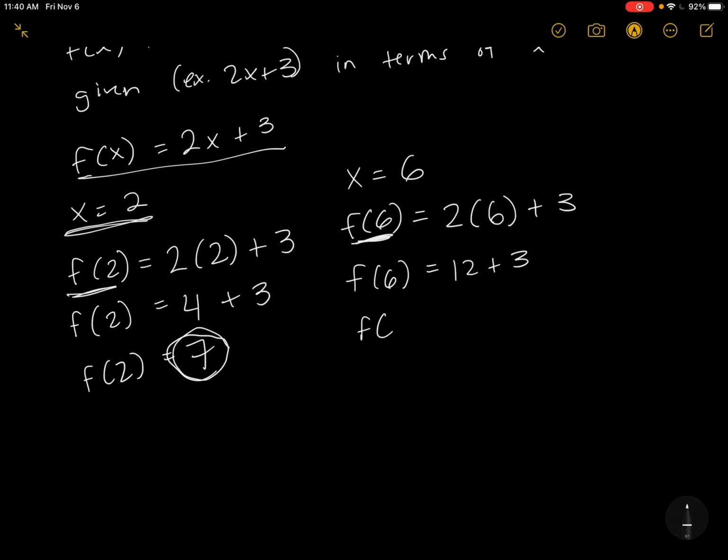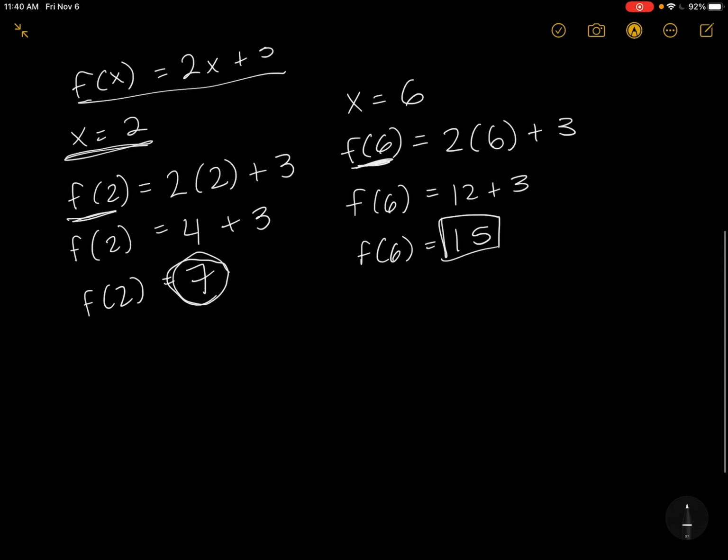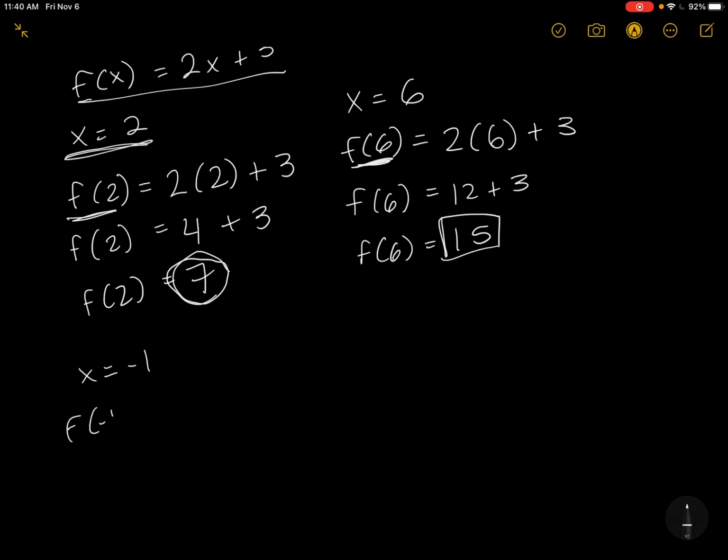Twelve plus 3. So f of 6 is equal to 15. Right, how about if x equals -1? So f of -1 is equal to 2 times -1 plus 3.